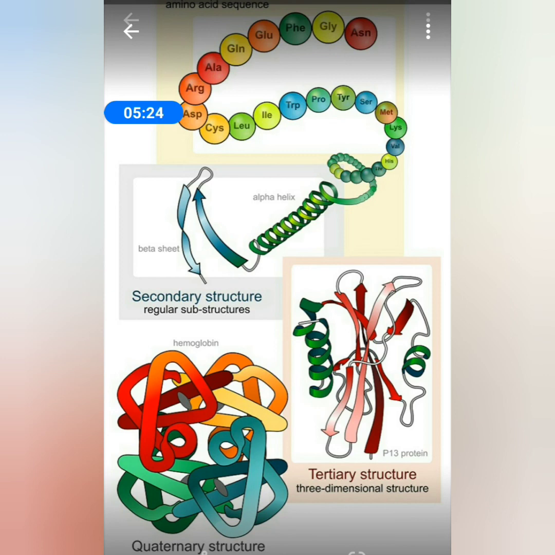Since it consists of 2 alpha and 2 beta, it is referred to as a heterotetramer. Tetra, why? Because there are 4 subunits. So these are some of the examples of proteins which occur in a quaternary structure.